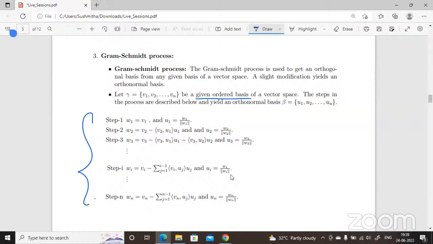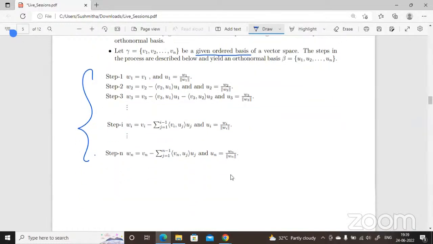We are going to get the orthonormal basis U1, U2, ..., Un. You take the first vector and divide it by its norm, so you get a unit vector. That is your first vector.